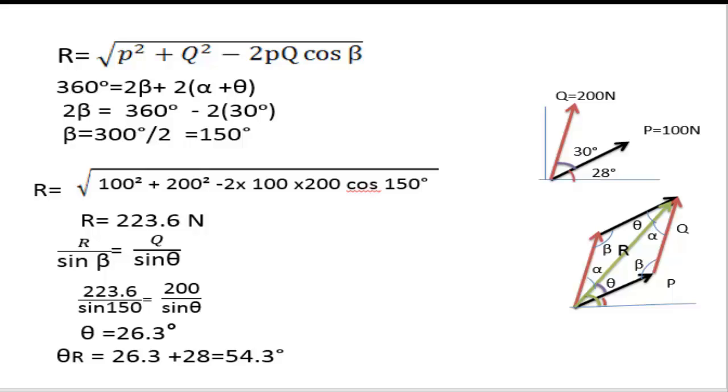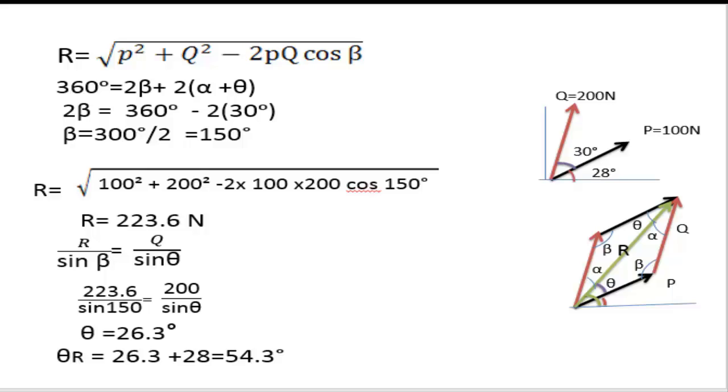In this rule, R over sine beta will equal Q over sine theta. To find sine theta, we can apply this rule: 223.6 over sine 150 equals 200 over sine theta.